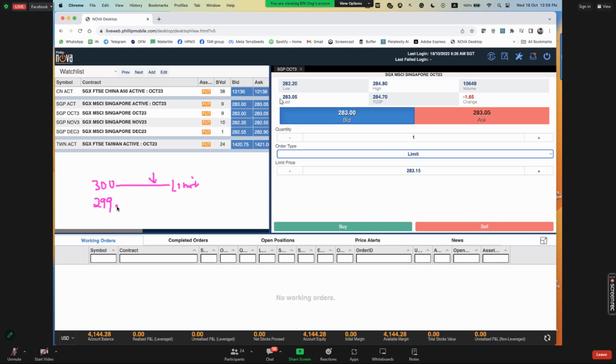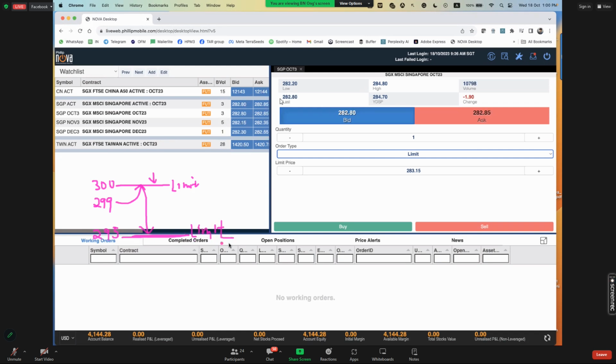So it means that price would have to go up to hit my limit order, in order for me to sell. Then what I also do is I place in my target profit at 295 underneath here. That means that once I sold, and price comes back down, I will be able to take a profit.